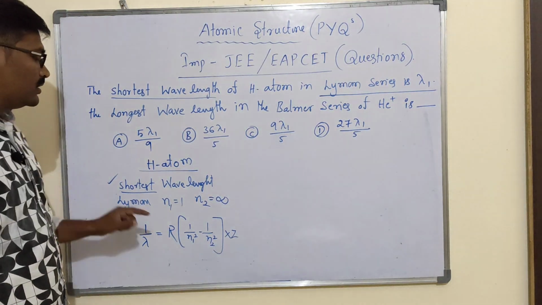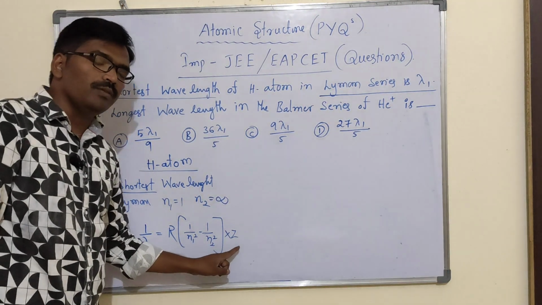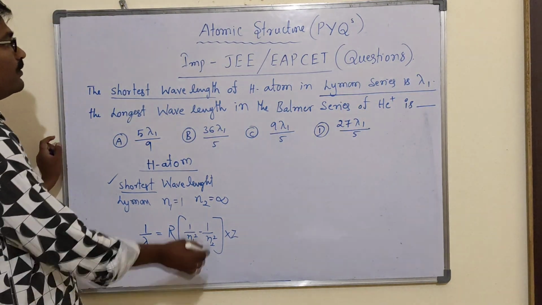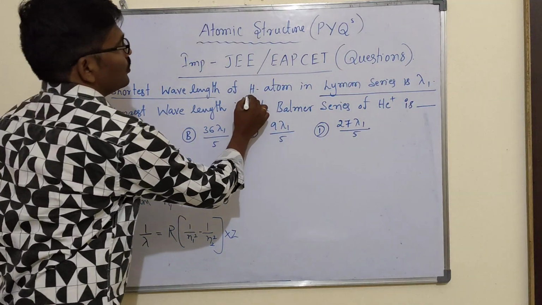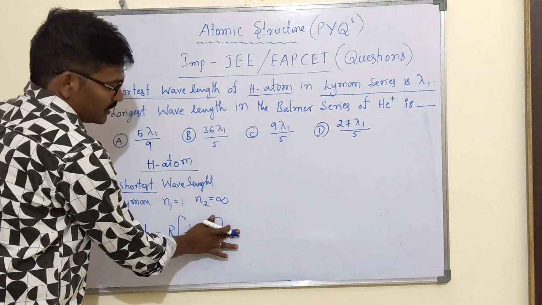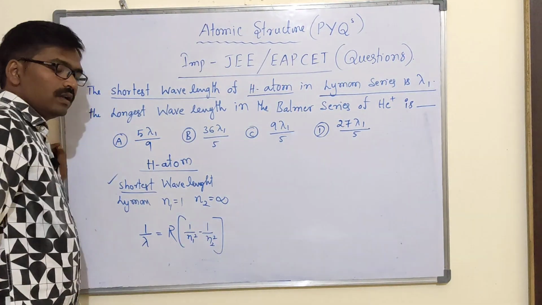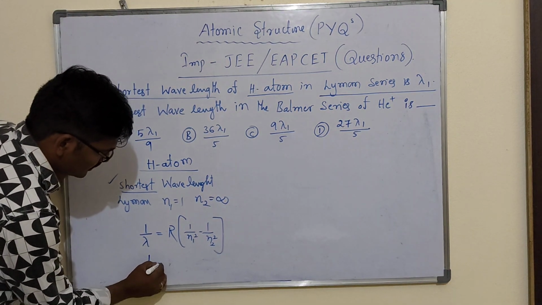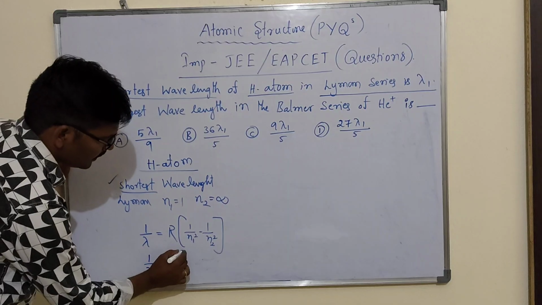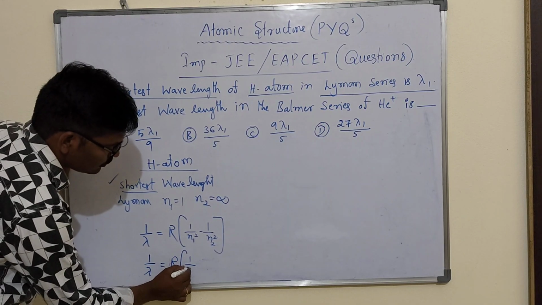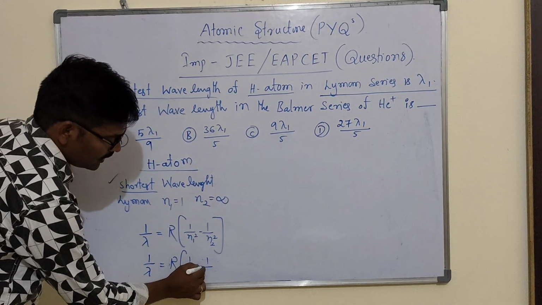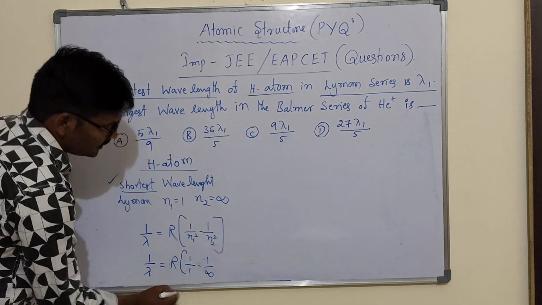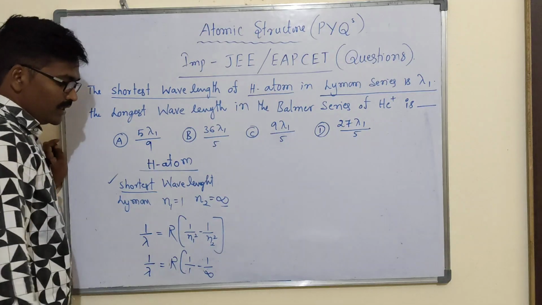Why are you taking Z here? This is the atomic number of that particular atom or ion. Here, in the first statement, it is the hydrogen atom only, so Z need not be taken, because the Z value is 1. Clear? Right. Now 1 by lambda equals R into 1 divided by 1 square, 1, then minus 1 divided by n2 value, infinity.